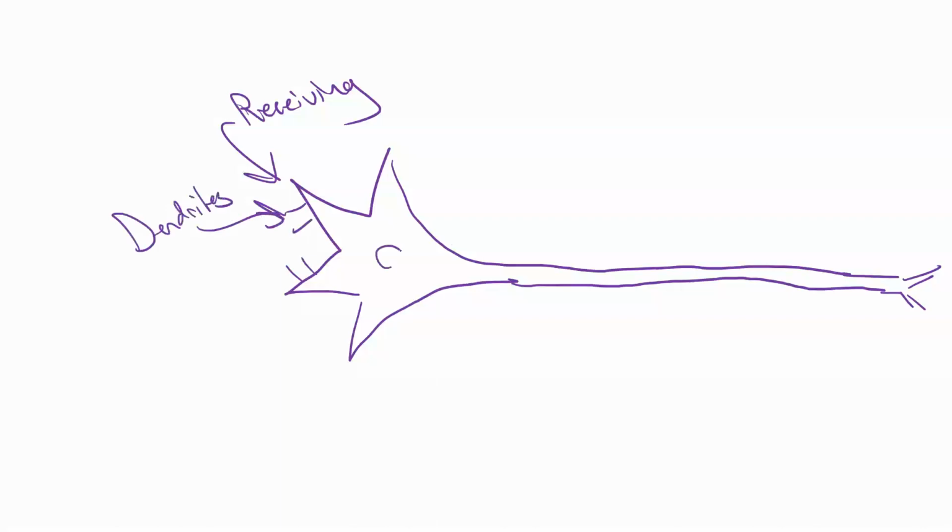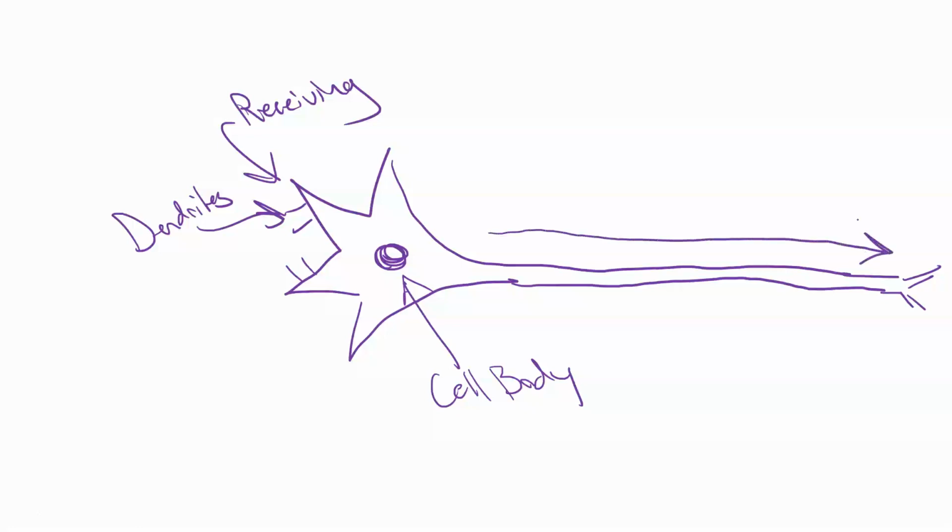And then there is a part of this neuron that is very much just like a normal cell. There's the nucleus here, there are different organelles here, and that is called the cell body. What makes a neuron quite unique is that there's this really long extension that can be variable in length.